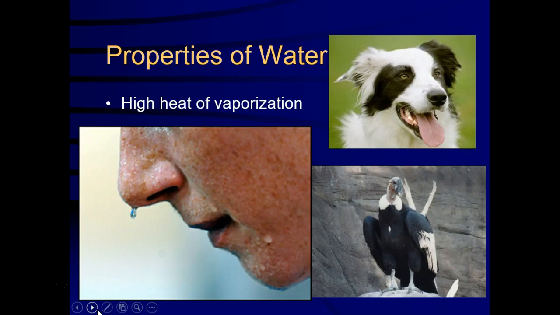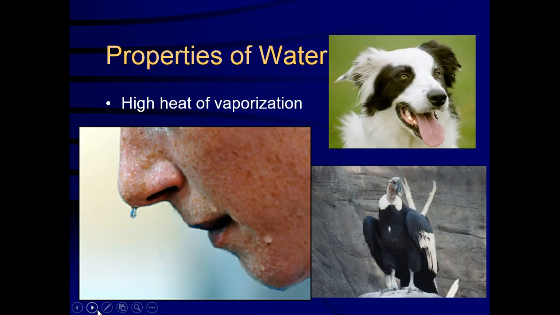Other animals, for example dogs, have a few sweat glands on their pads and around their genitalia, but their main form of evaporative cooling takes place through their tongue. So when you watch a dog pant, that's what's going on. The water coating the tongue and the inner mouth is absorbing a huge amount of heat and then evaporating and reducing the temperature.